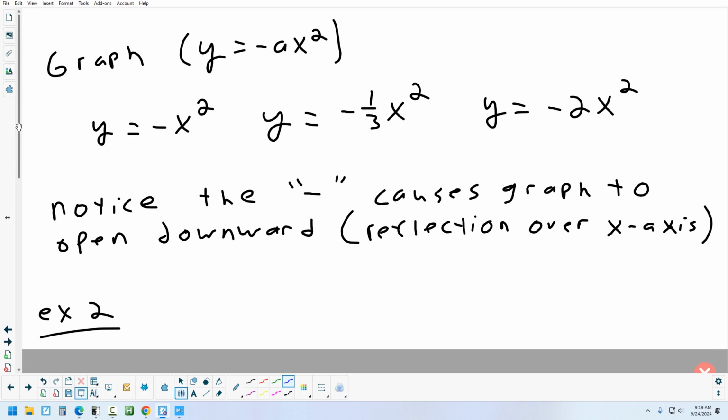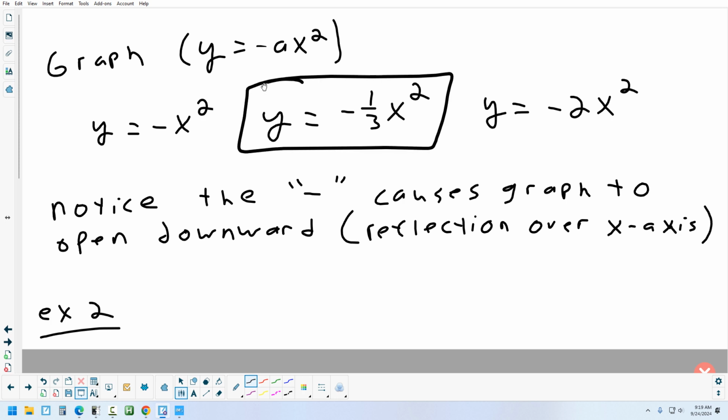When we talk about transformations, if you had to describe the transformations in this problem, there are actually two. There's the 1/3, which we explained on the previous page, and there's the negative. Those are two separate things. This one also has two things.